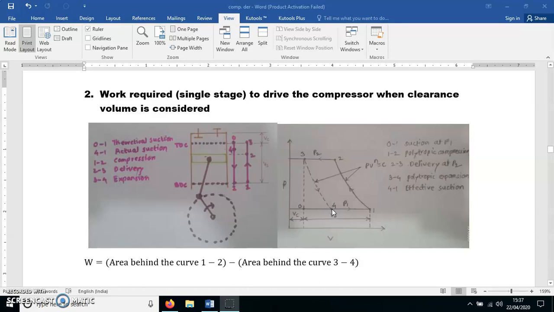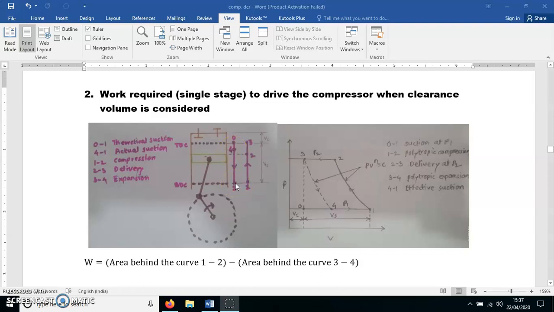So point 4 indicates the point at which your suction valve opens. So from point 4 to 1 only air starts coming in. During 0 to 4, as suction valve is not open, because that stroke is going waste for the expansion of already present residual air, 0 to 4 is an idle suction stroke and 4 to 1 is an effective suction stroke.